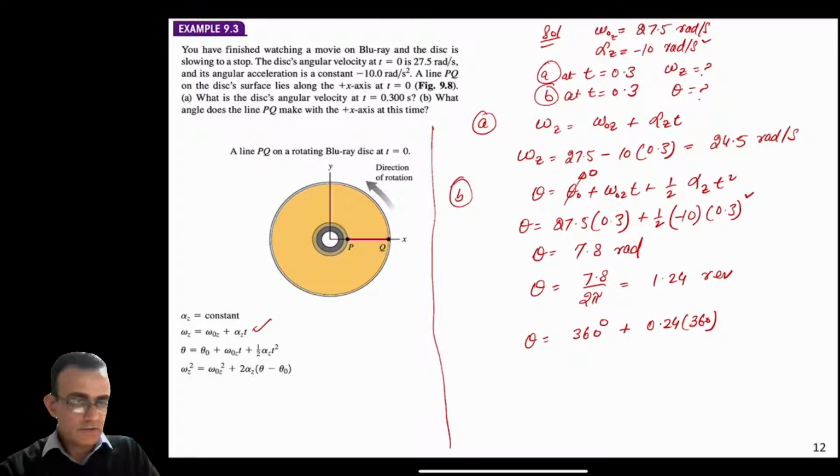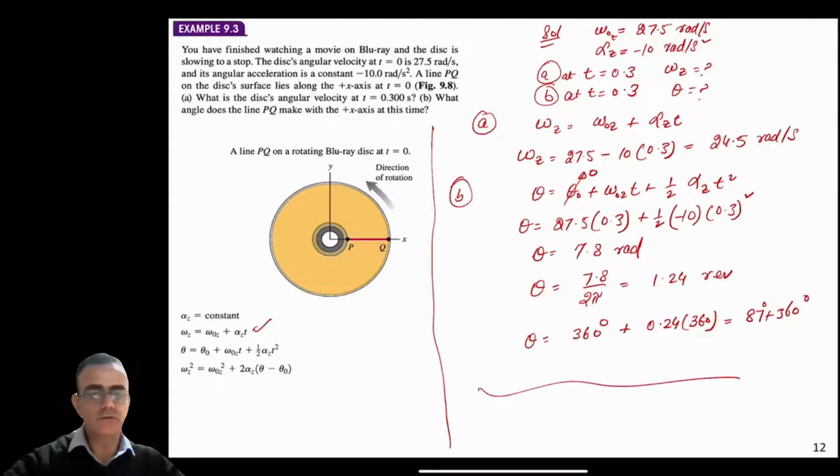Then it will become 87 degrees plus 360 degrees. So you will get this answer from here. So the procedure of angular motion is very similar to the procedure of the linear motion.